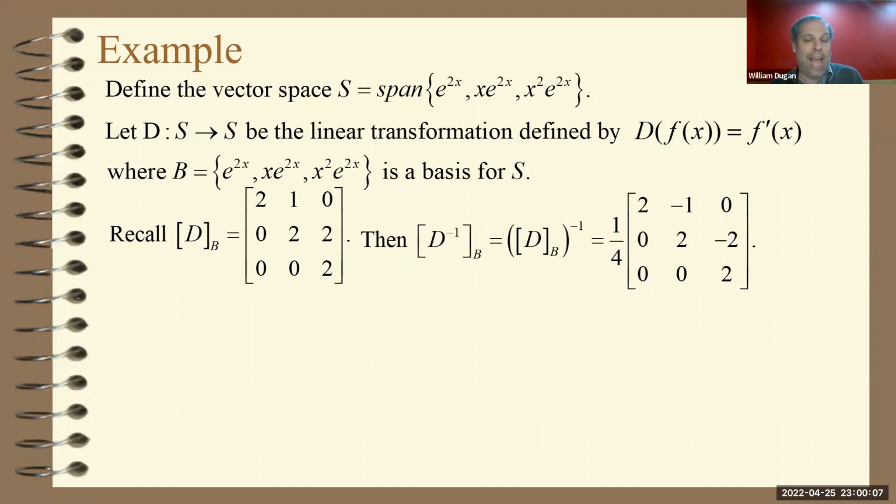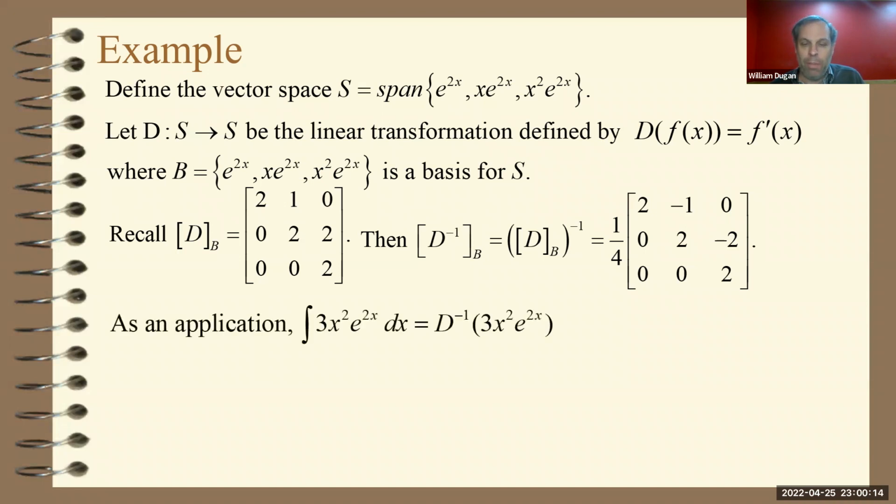Now, as a fun application, notice how I'm undoing the derivative. So I should be able to find the integral of 3 times x squared times e to the 2x, because that's the inverse of the derivative applied to 3 times x squared e to the 2x. So I need to know what that is.